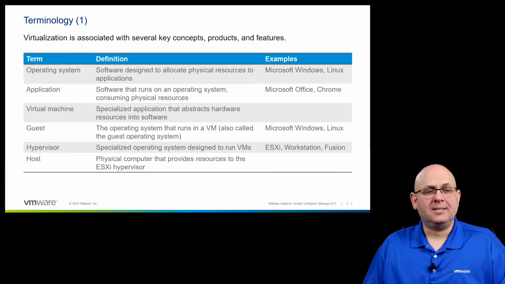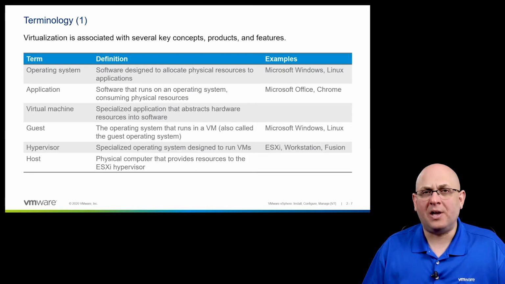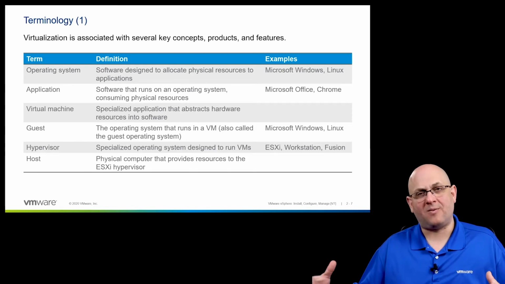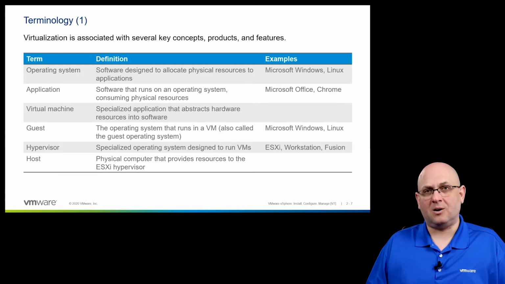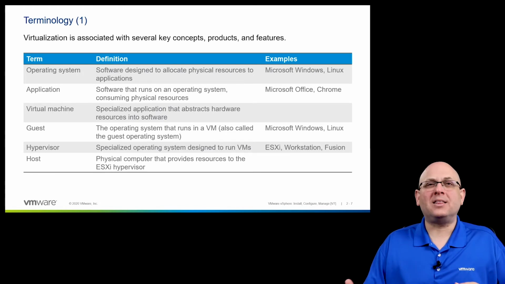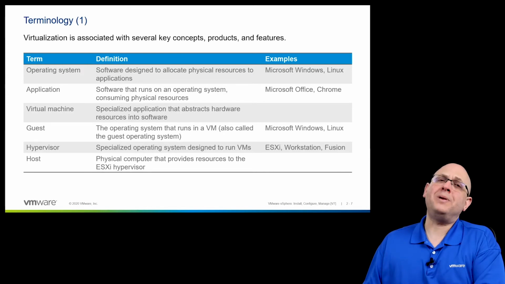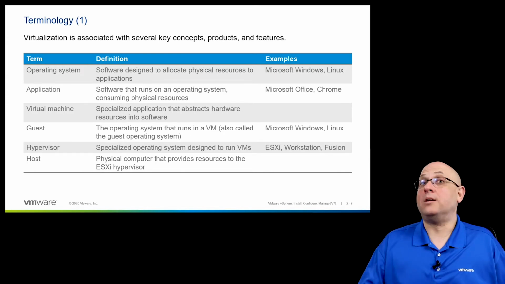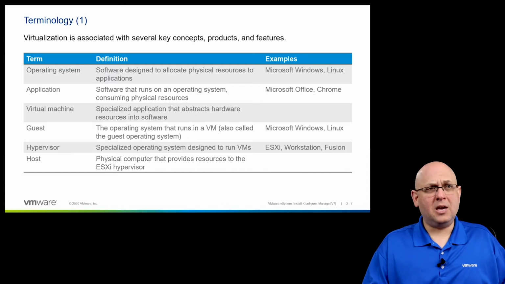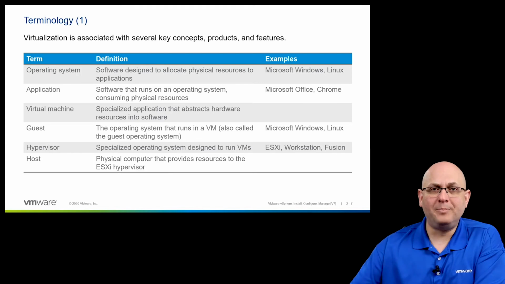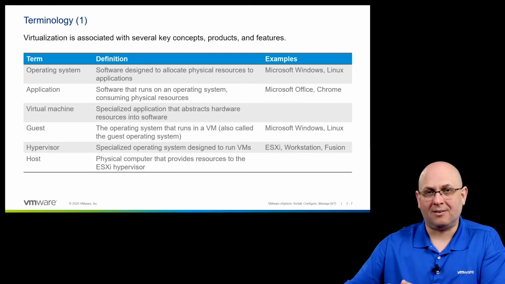Okay? We considered using a term like server here. A lot of people think of, when we look at a physical piece of hardware, we think, oh, that's the server. But I don't really like the term server very much, because a server could mean the hardware, but it could also mean the operating system. It's Windows Server. Okay? It could also mean the application. It's a database server. It's a web server. It's a file or print server.